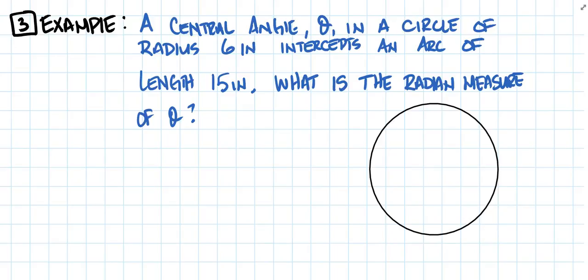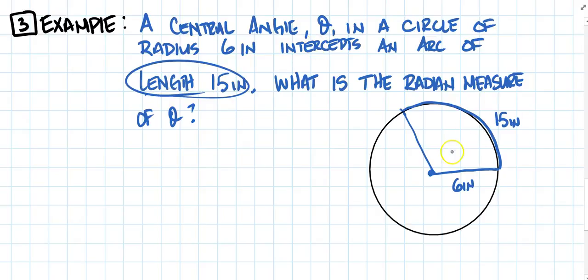Okay, here's an example. A central angle theta in a circle of radius 6 intercepts an arc of length 15 inches. What is the radian measure of angle theta? This is a classic example of the first thing we need to do when learning about radians. First I'm going to draw a picture, and my radius is 6 inches. Then I'm going to draw, to the best of my ability, this distance of 15 inches, because it tells me that an arc of the circle of length 15 inches is intercepted. The question is this angle theta.